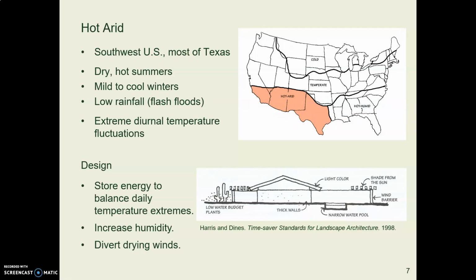So it's very hot in the daytime, it's cold at night. So what you want to do as a designer is use things like thermal mass, that is adobe or concrete or stone, to store heat energy so you can balance those hot days and cold nights, and you want to block the hot winds that blow through there.